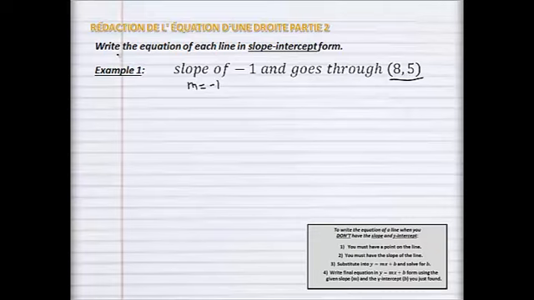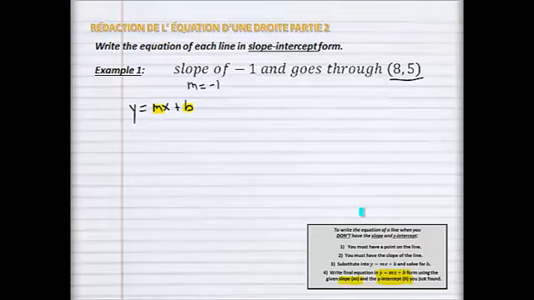Now, remember, anytime we see something that tells us to write the equation of the line in slope-intercept form, we want to write that equation, y equals mx plus b. And remember, in our final equation, the m and the b have to be in there. That's down here in the final equation, y equals mx plus b, using the slope m and the y-intercept b.